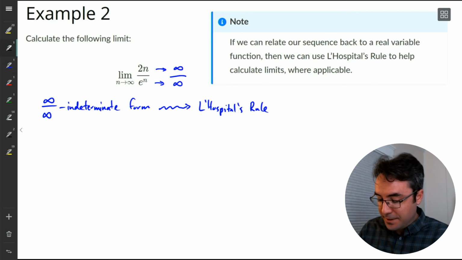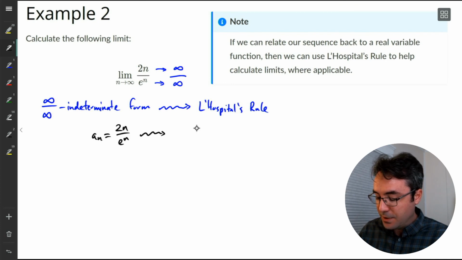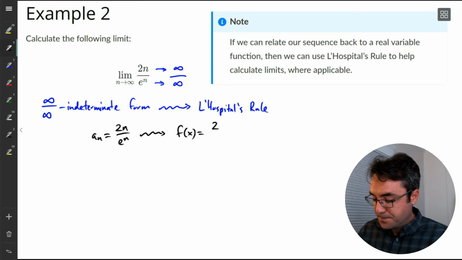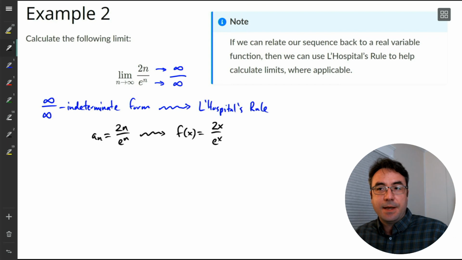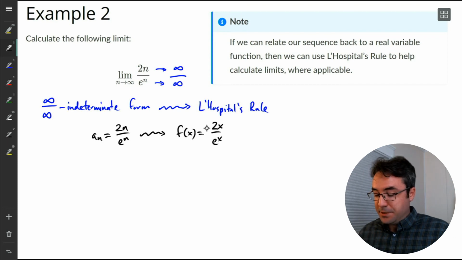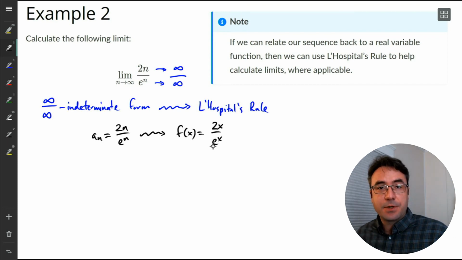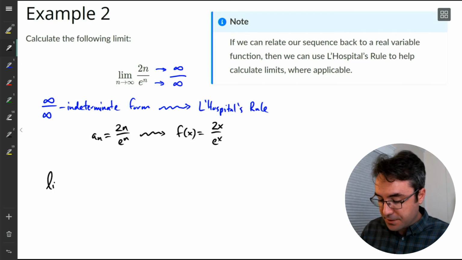And the way we do that is by essentially just replacing the n's with x's. And so we're going to be able to do some derivatives. When we're talking about real variables, we can do some derivatives. So let's start this off.